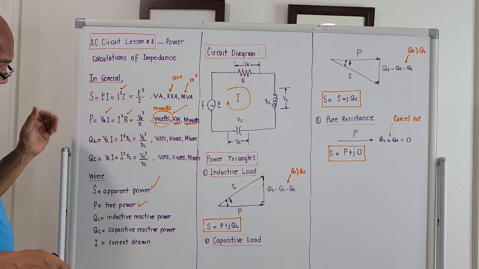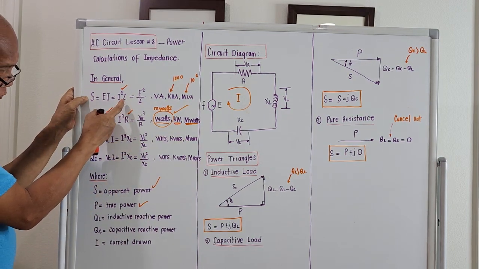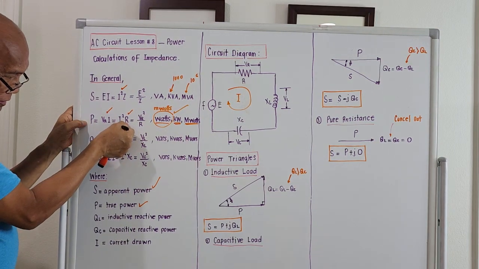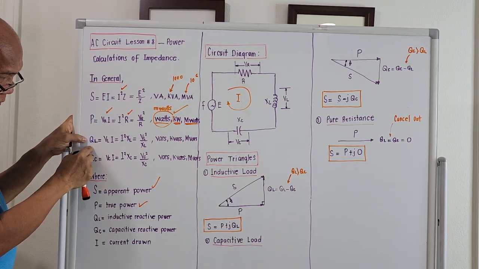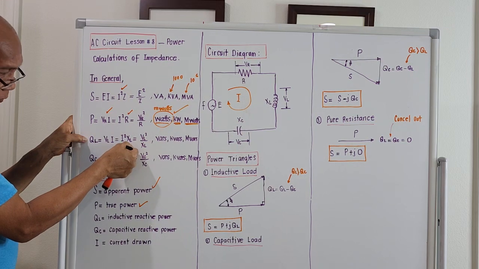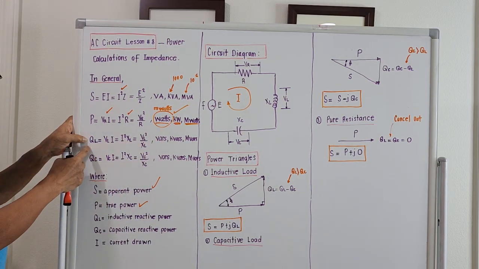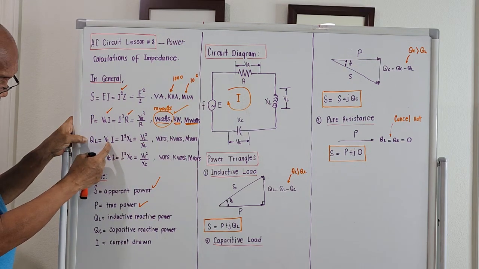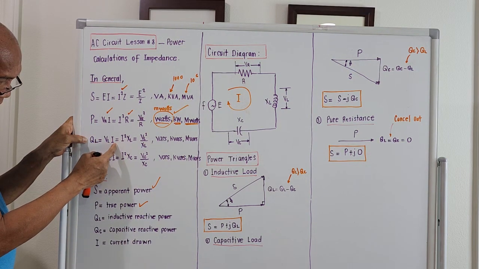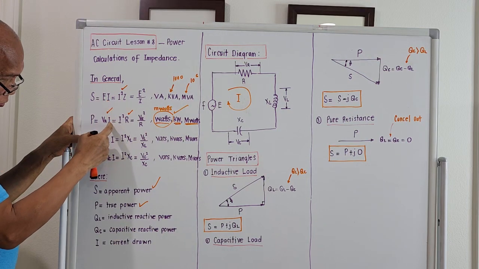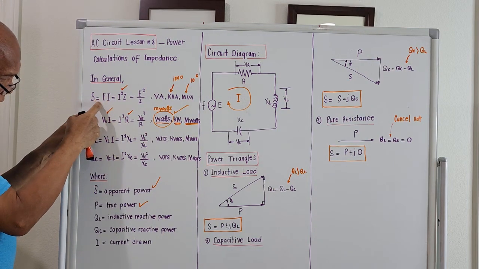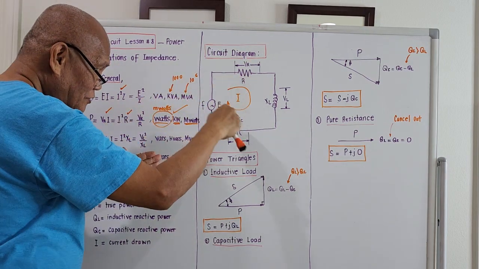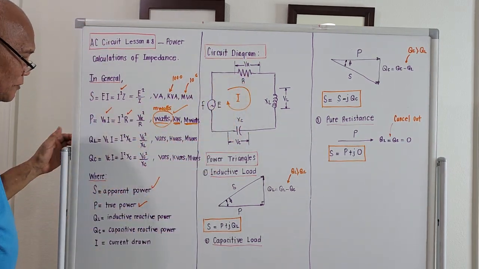Because for S, we are referring to Z. And for true power, we are referring to R. And for Q sub L, we are referring to X sub L. So actually, the formula for Q sub L is V sub L times I. The current has no subscript. So the current under S, P, and Q are actually the same current. It is the same circulating current, so it has no subscript, right?